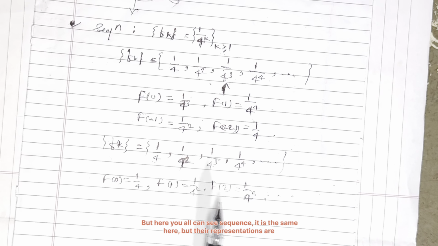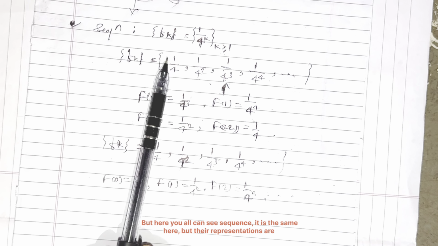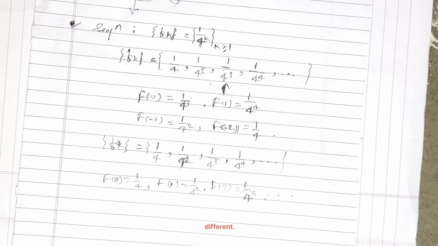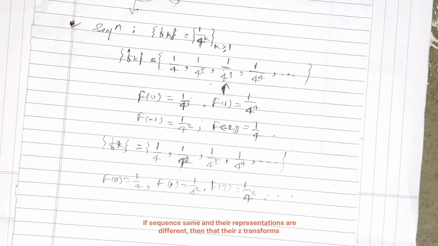I have written a sequence here in two forms. The first form has the arrow representation, the second form doesn't have any. You can see the sequence is the same, but the representations are different. If the sequence is the same but the representations are different, then their Z transforms are different.